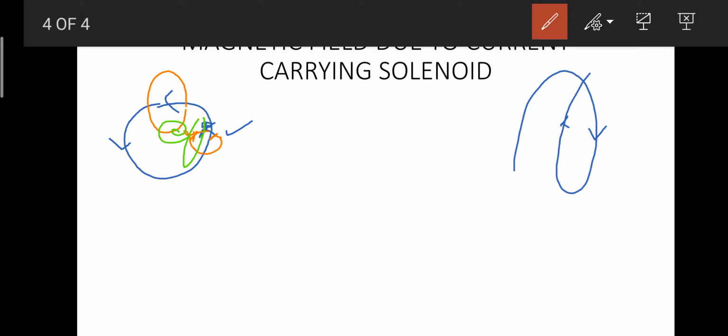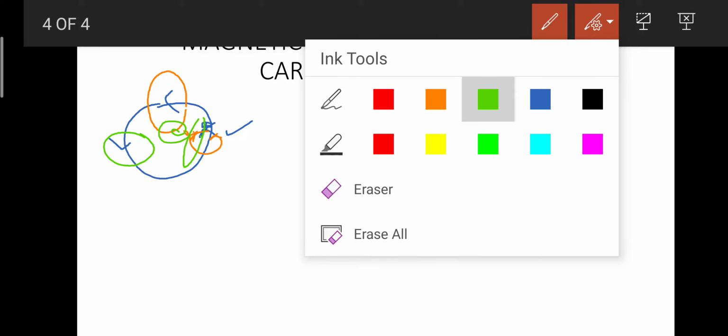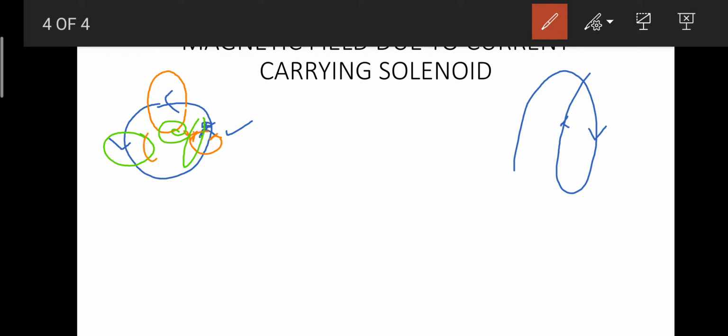Now at the third point, in this region, the direction of current is in the downward direction. If I use again the right hand rule and observe the magnetic field in the region, it can be drawn like this, and in the central region, at this particular point, the direction of magnetic field would definitely be out of the page or out of the screen.